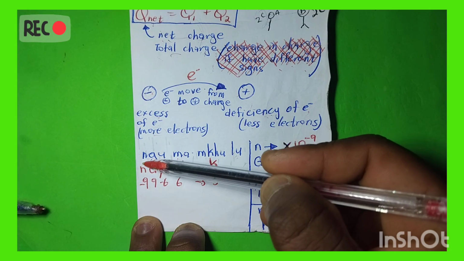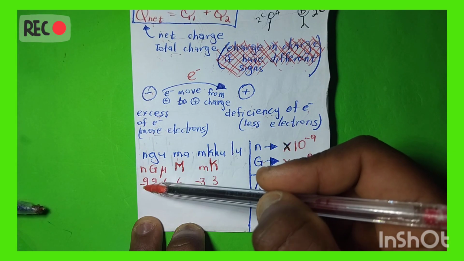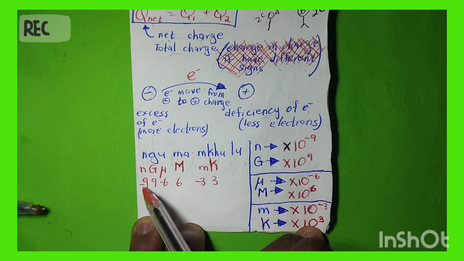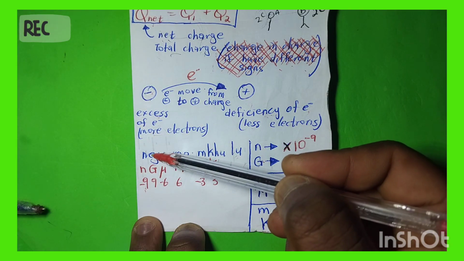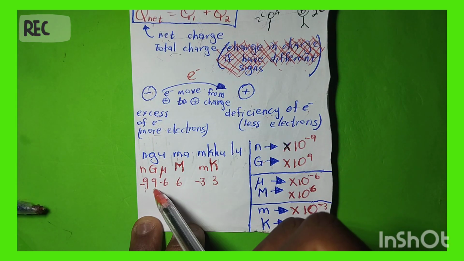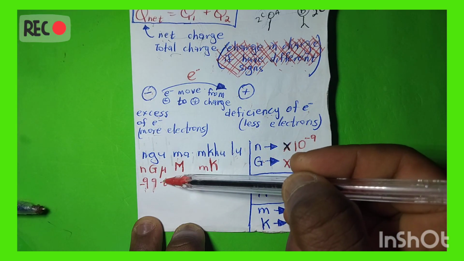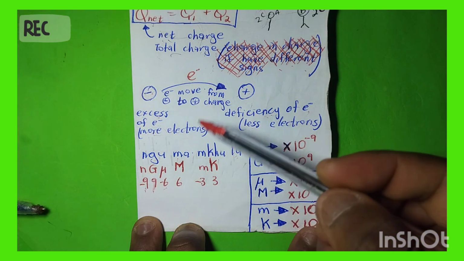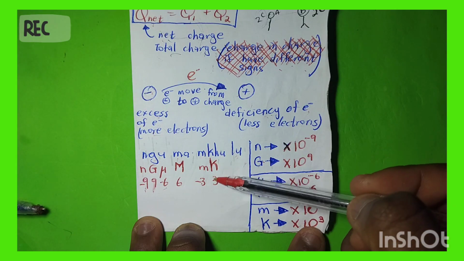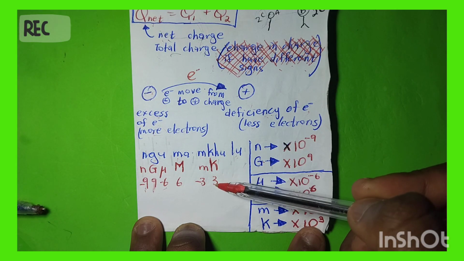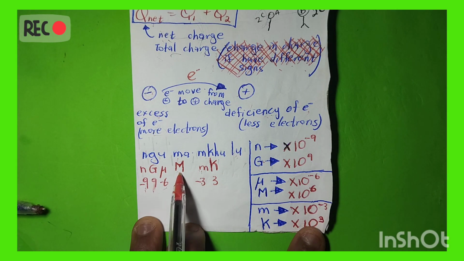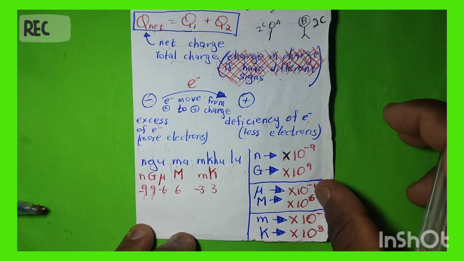The n is nano, which has negative 9 as an exponent. The g is giga, which has positive 9 as the exponent. This one is micro, which has negative 6. This one is kilo. I know this one is kilo, but these two I kind of forgot. But as a learner, make sure that you know them.